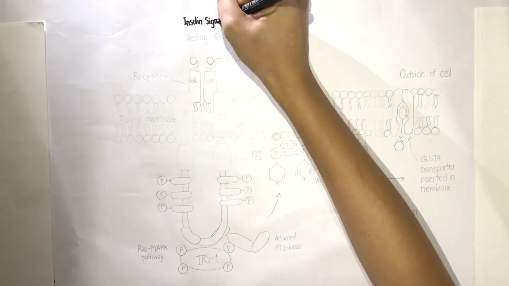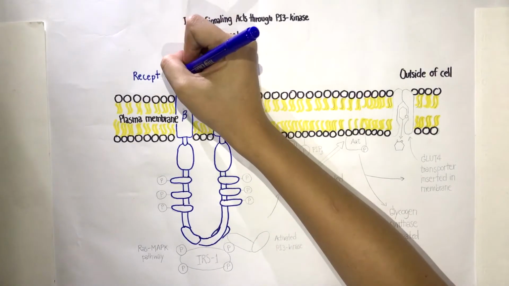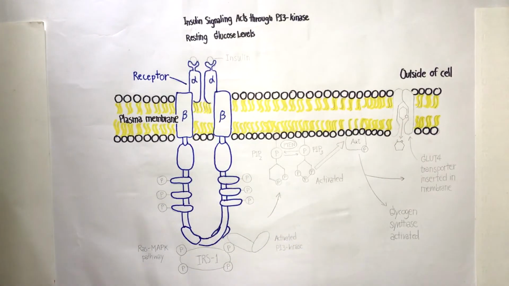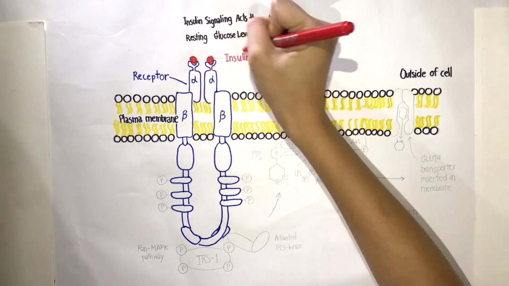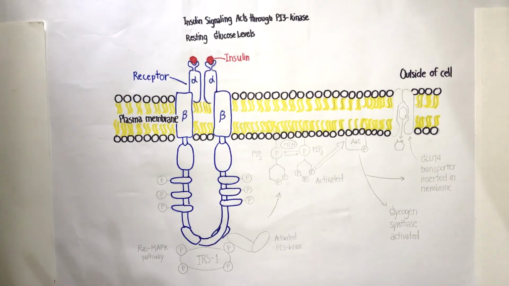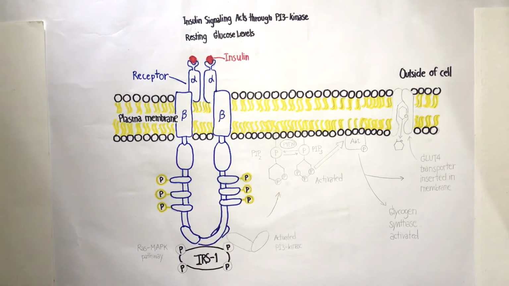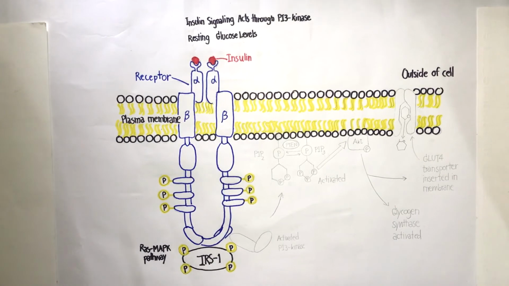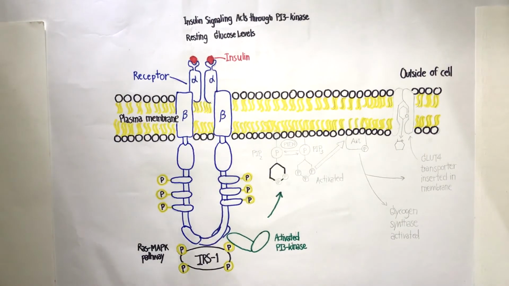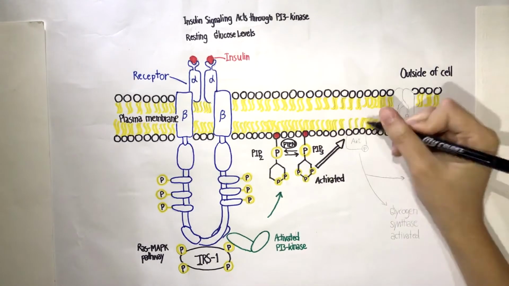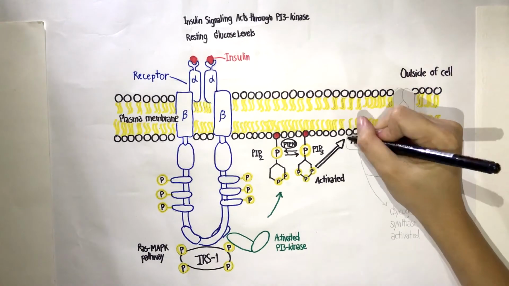The insulin signaling pathway influences glucose homeostasis. Insulin binds to the insulin receptor. The receptor phosphorylates the IRS1 protein, and then IRS activates PI3 kinase, which catalyzes the addition of phosphate to the membrane lipid PIP2, turning it into PIP3.